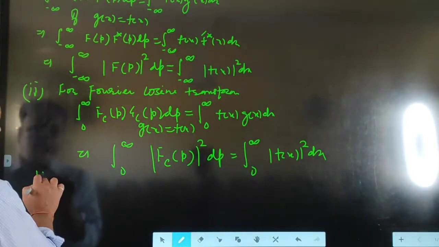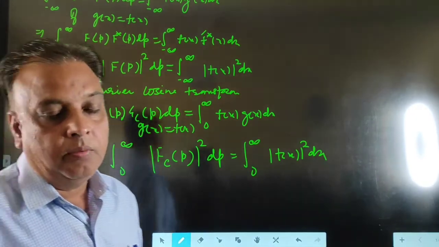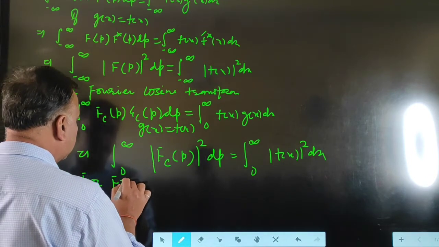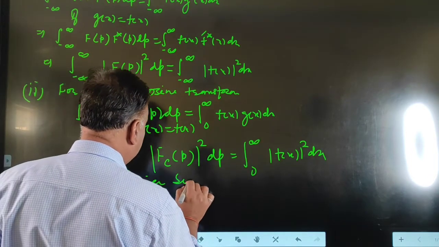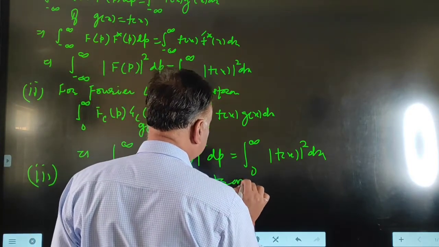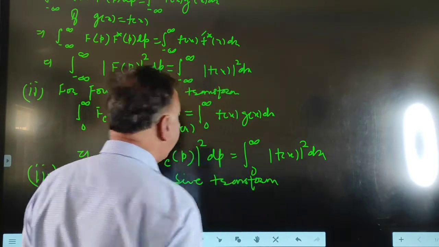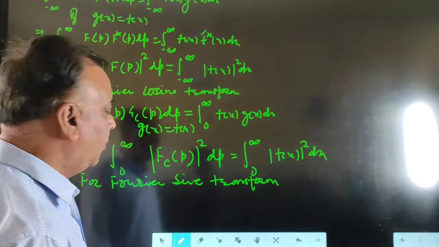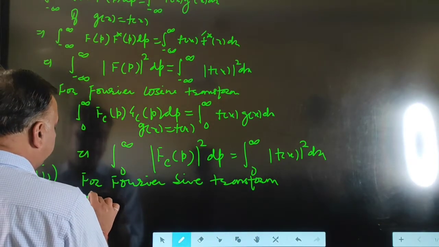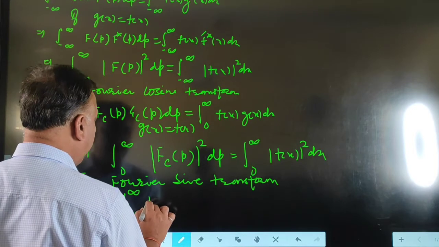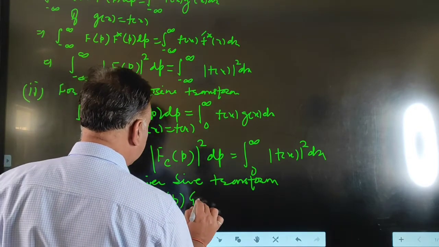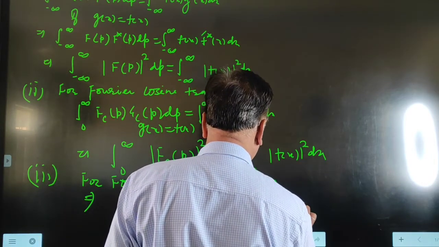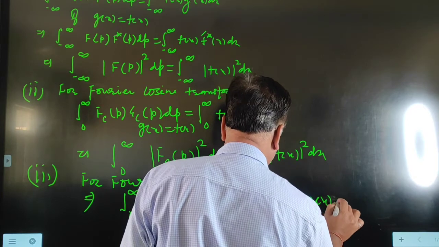Similarly, we can write the Parseval's identity for the Fourier sine transform. It is given by the integral from 0 to infinity of Fs(p) Gs(p) dp equal to the integral from 0 to infinity of f(x) g(x) dx.